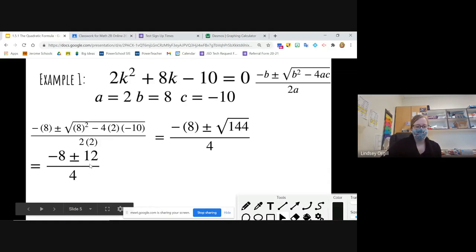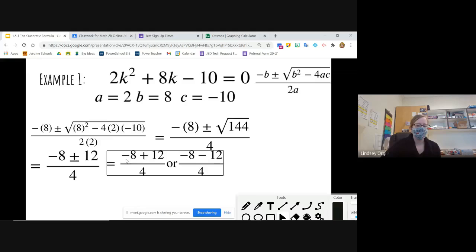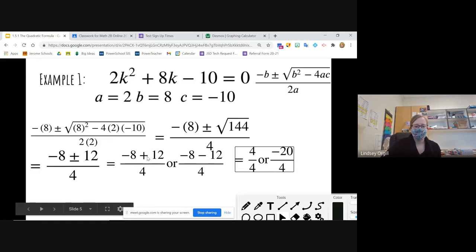And then from there, I'm going to take negative 8 plus 12 and negative 8 minus 12. So the plus or minus means that I'm going to have two equations. One, negative 8 plus 12, and then the other one, negative 8 minus 12, divided by 4. From this step, I am going to combine my terms. So negative 8 plus 12 is 4.